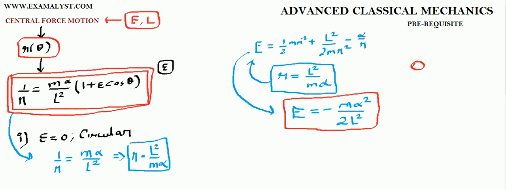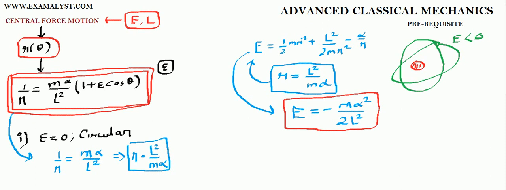So consider this is the sun, and if I have any other planet, and the total energy of this planet is negative, less than 0, it means that this planet is bounded, and it will trace either an elliptical orbit or a circular orbit. So out of the two, any one can happen.